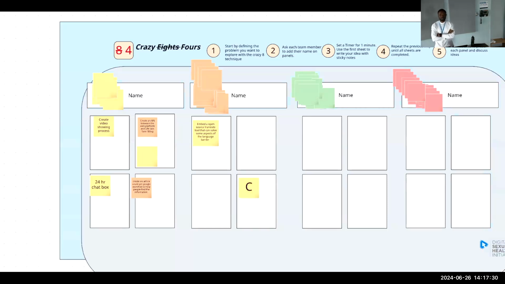So you should be going to the third activity now, the third box. Okay, and then the final one.